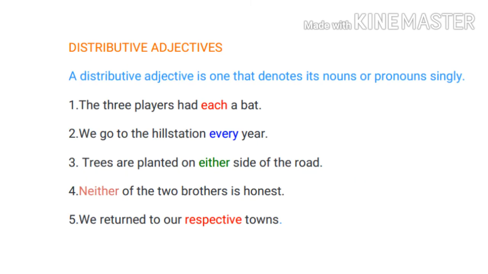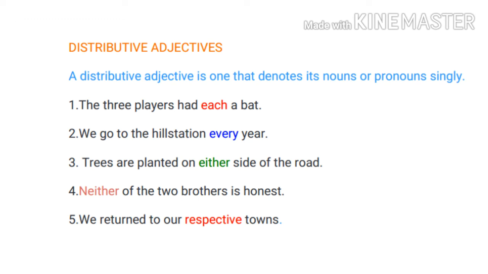Distributive adjectives. Distributive adjectives denote its noun or pronoun singly, that is, one at a time. Let us learn some examples. The three players had each a bat. So we are talking about three players, but we are talking about each player separately and individually.